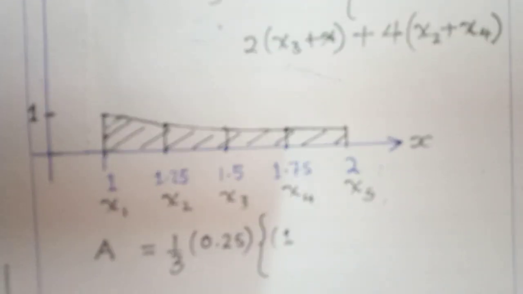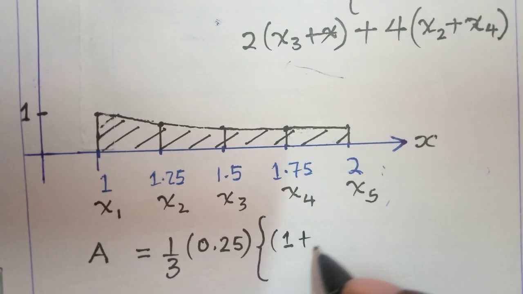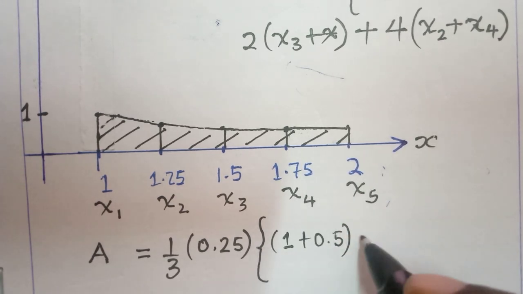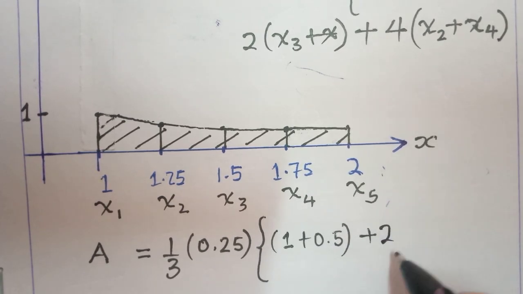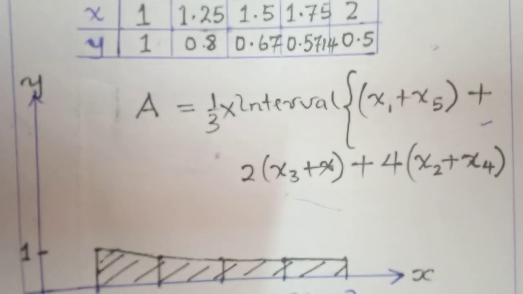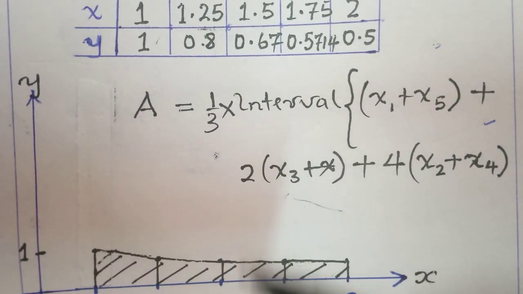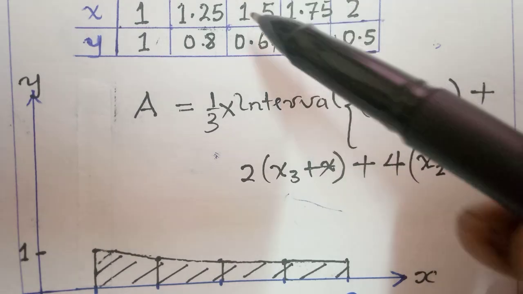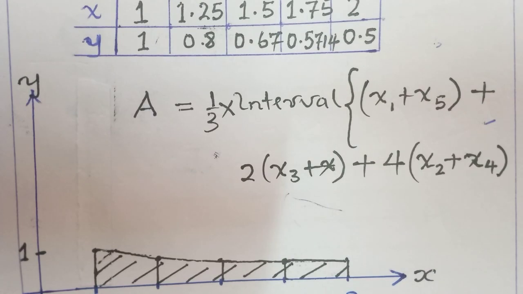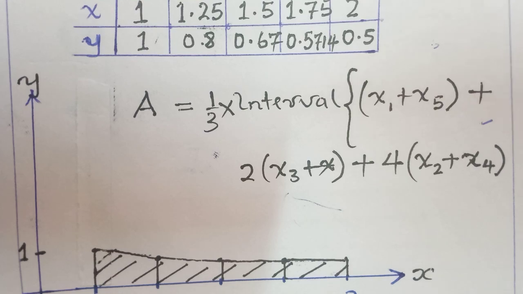So this one comes to plus 0.5, plus 2. Now we look for x3. The x3 is coinciding with 1.5, so this is 0.67.